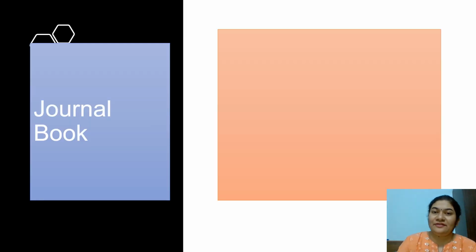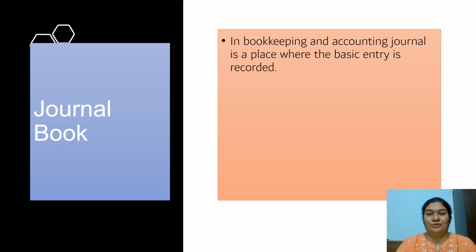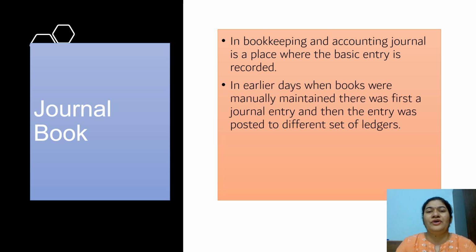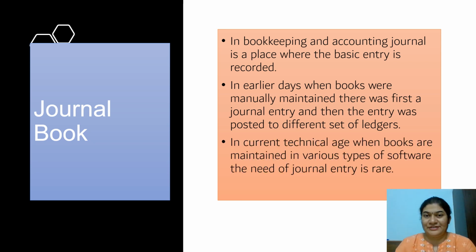To start with, here we have the journal book. So what is a journal book? In bookkeeping and accountancy, the journal is a place where the basic entry is recorded. In early days, when the books were manually maintained, there was a first journal entry, and those entries were then posted in the different set of ledgers.